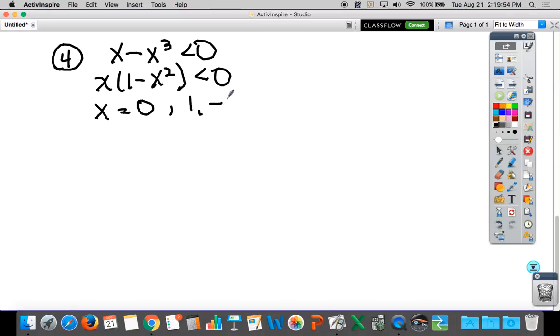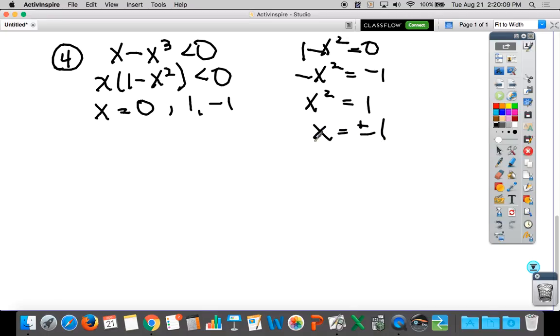The other two of my roots are those. All I did is factor out x is 0, 1 minus x squared equals 0, negative x squared equals negative 1, x squared equals 1, x equals plus or minus 1. Okay? So that's all they intended on you to do. It's still a quadratic.